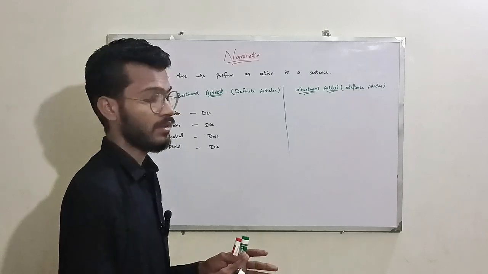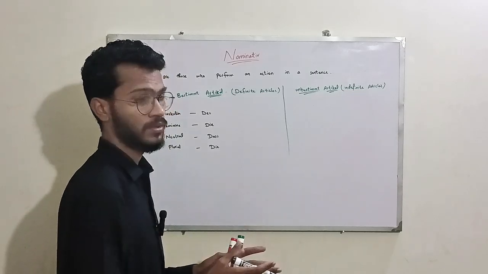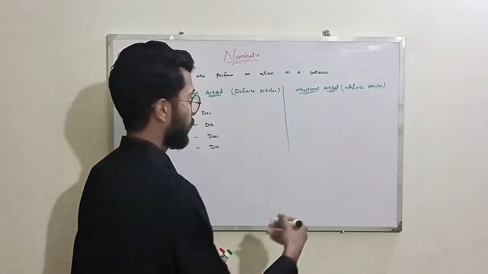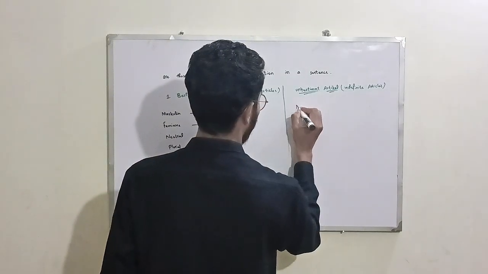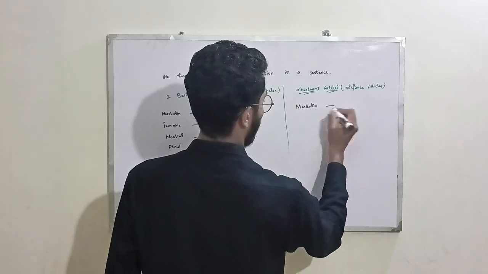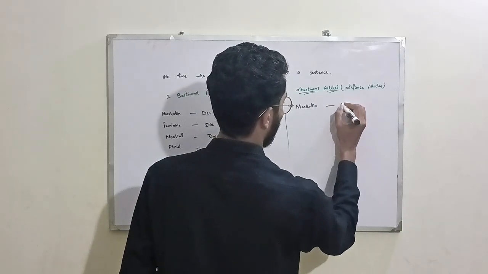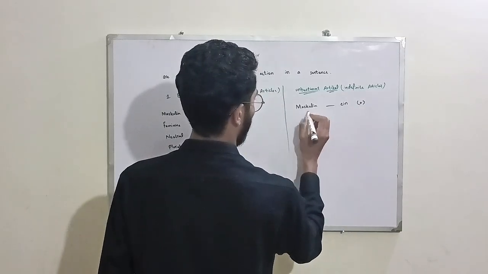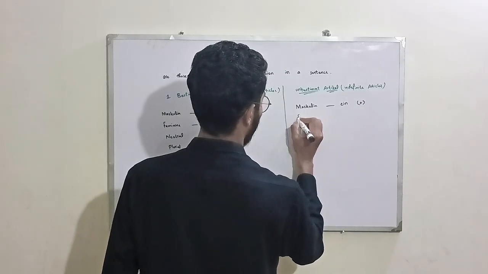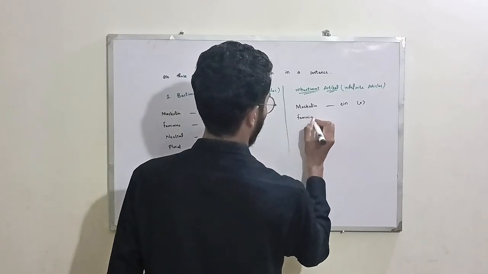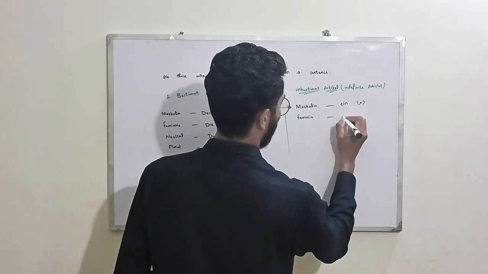But in German we select articles according to their gender, such as for masculine the article is ein. For feminine the article is eine.